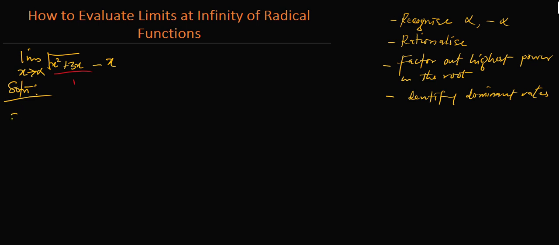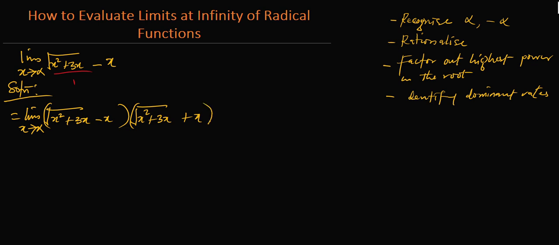We are going to have eventually the limit as x approaches infinity of root x squared plus 3x minus x, multiplied by its conjugate, which is root x squared plus 3x plus x.